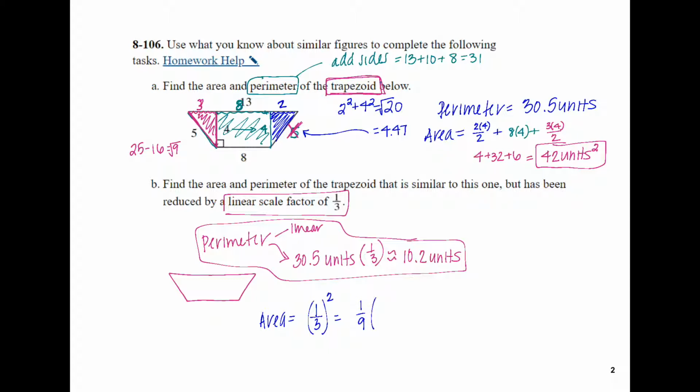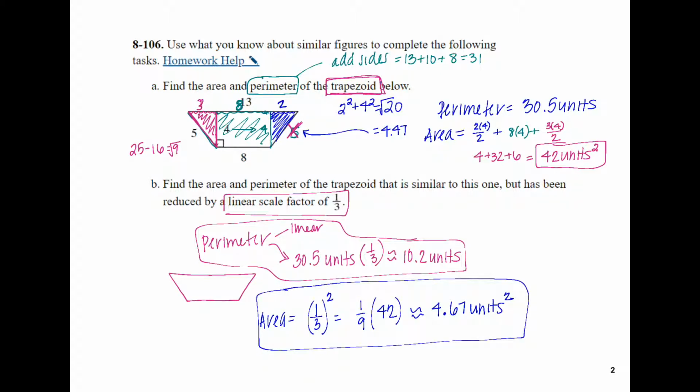Then we want to take our current area, which is 42 units squared, multiply 42 units squared by 1/9, which tells us that the area of our smaller trapezoid is approximately 4.67 units squared. So area is two-dimensional and perimeter is one-dimensional.